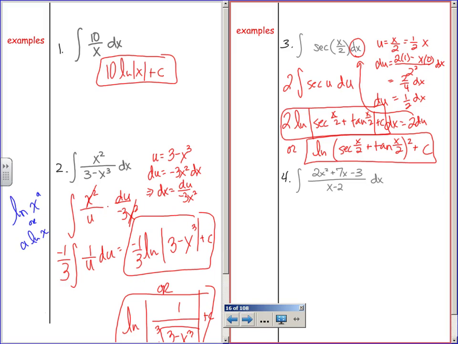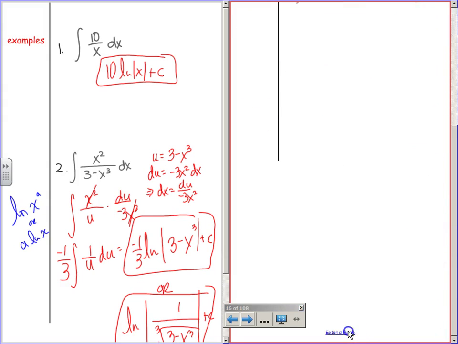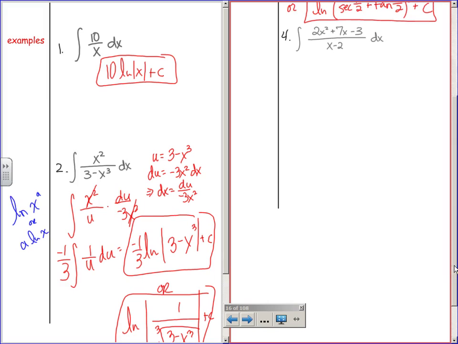Number 4. Who's my u? Okay, so go for it. Don't worry, I'm just getting myself lots of room. Go for x minus 2. You guys are going for it, right? I'll go for it too.